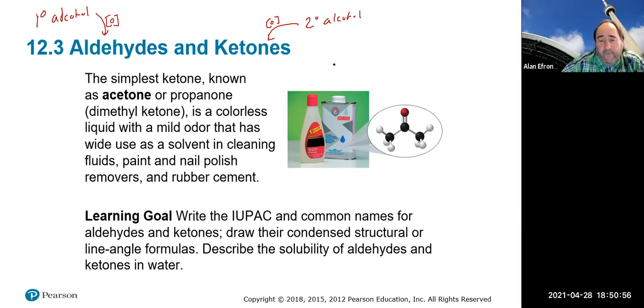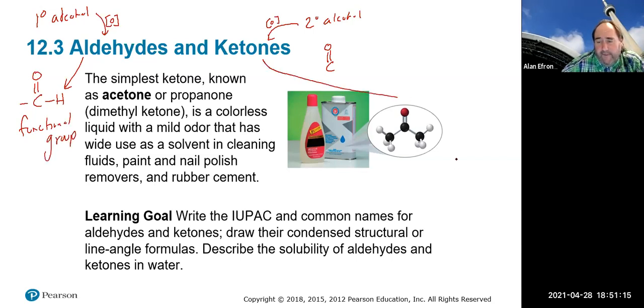As we talked about, they both revolve around the carbon-oxygen double bond, but our aldehyde, as we saw earlier, has a carbon-oxygen double bond and a hydrogen as the functional group. While our ketone is what I was talking about earlier, our 3-carbon run, where you have the double bond right there in the center of those 3 carbons.